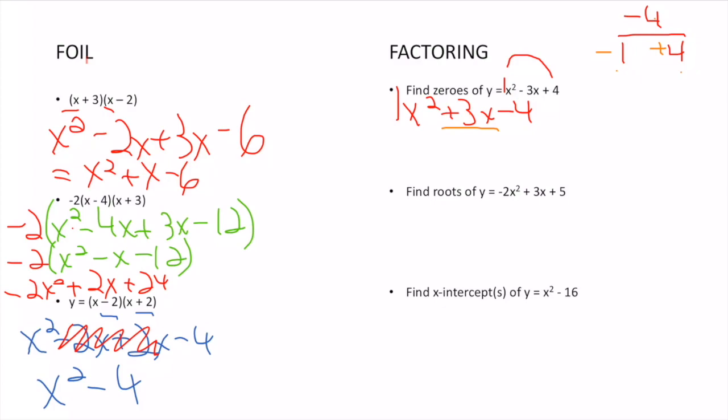So when I've done that, now for these ones it's rather simple. I just have x plus 4, x minus 1. Those become my two factors. So again, the zeros here would be at negative 4 and positive 1. Because of what we talked about earlier.